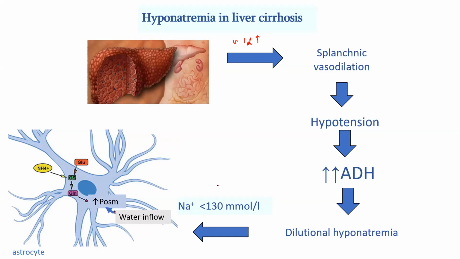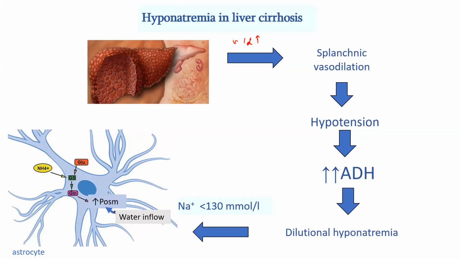So level of hyponatremia shows how advanced is liver failure. But also hyponatremia is a precipitating factor of hepatic encephalopathy. Let's recall that ammonia can penetrate to brain and astrocytes neutralize it by converting to glutamine.